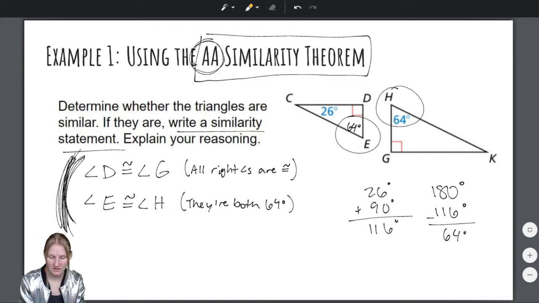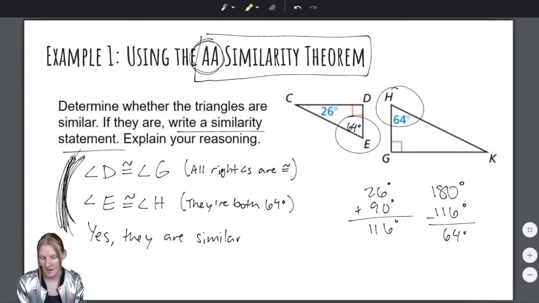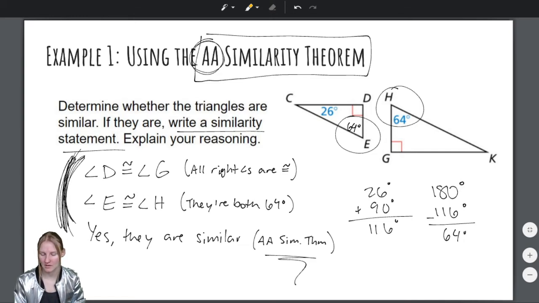So yes, they are similar by the AA similarity theorem. And putting things in parentheses like this, explaining how we know, right? It says explain your reasoning. That's what makes a proof, is just that you explained your reasoning. So you probably have written more proofs than you think you have. But yes, they are similar because of the AA similarity theorem.